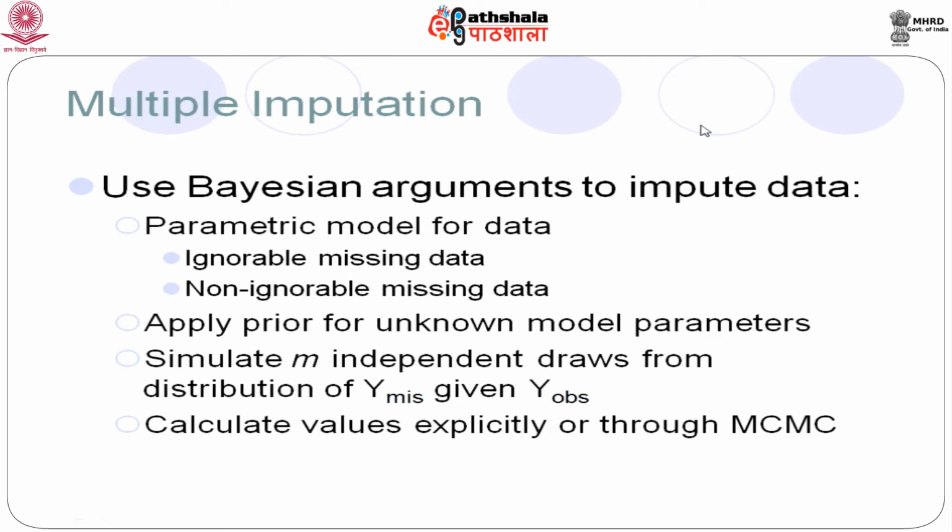So the prior for parameters in the model needs to be taken into account, and then we simulate M independent draws from the distribution of Y missing given Y observed. That means, based on the observed values, we generate M blocks of predicted values of Y missing, and then we calculate the missing values explicitly through the MCMC technique, the Markov chain Monte Carlo technique. Let us discuss this technique.